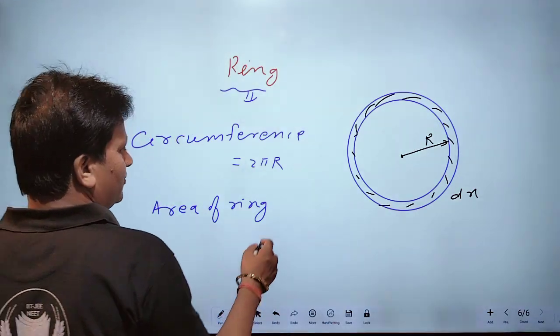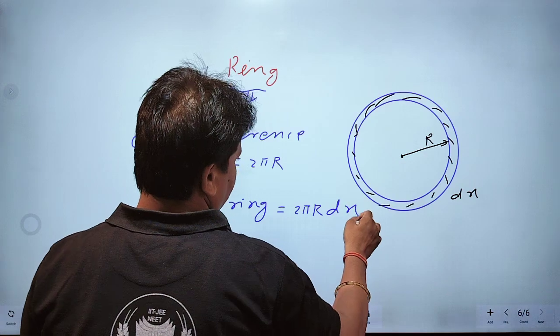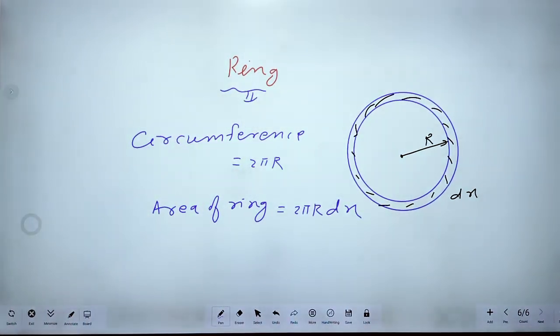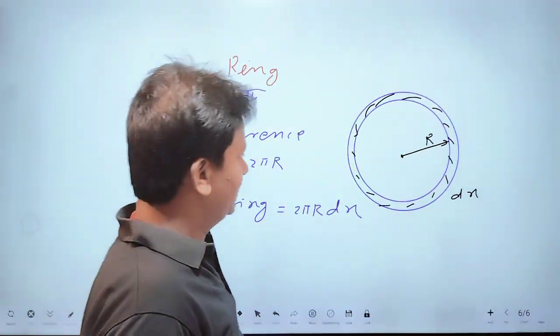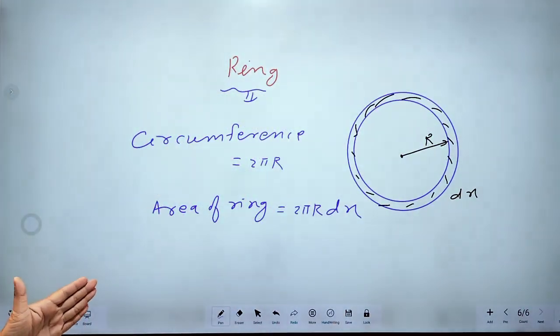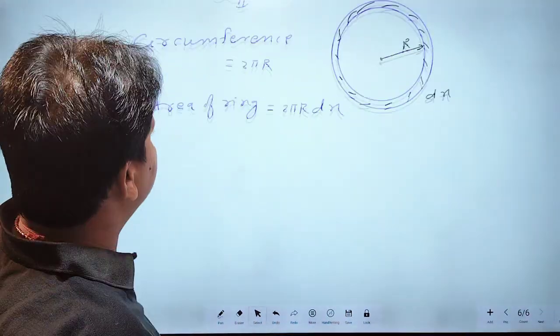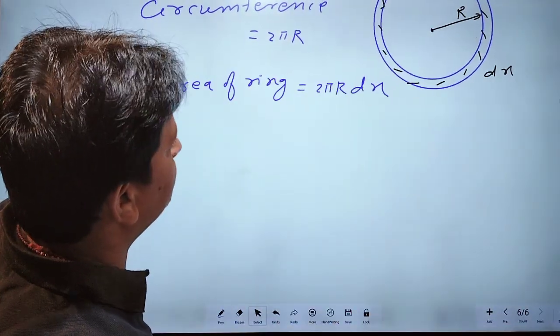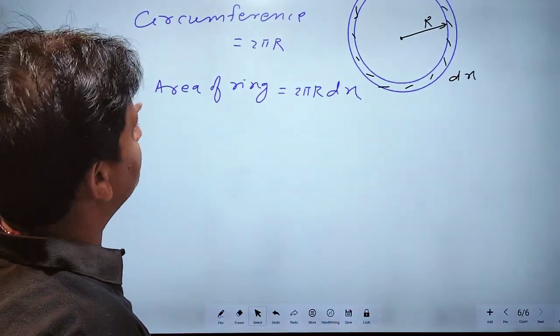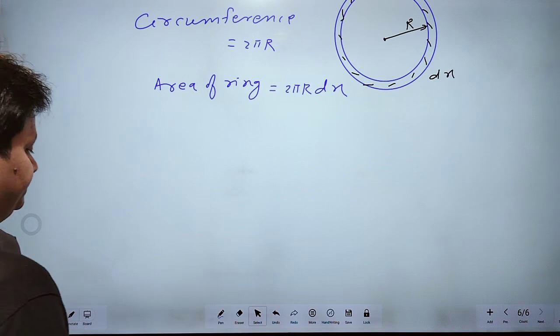Therefore, area of ring will be 2 pi r length into thickness. This is area. This concept is always used in physics, therefore you should remember this concept.